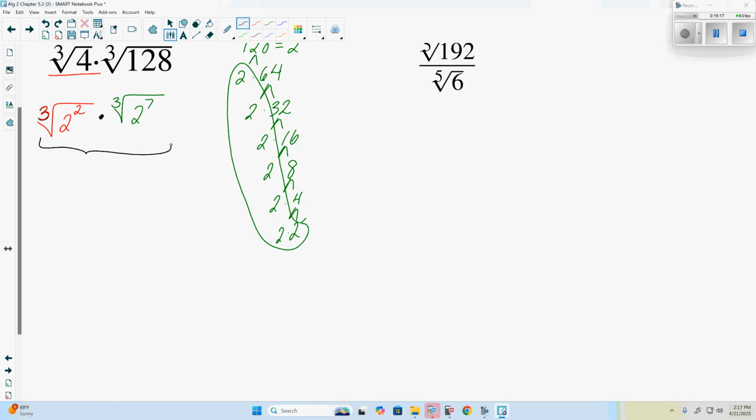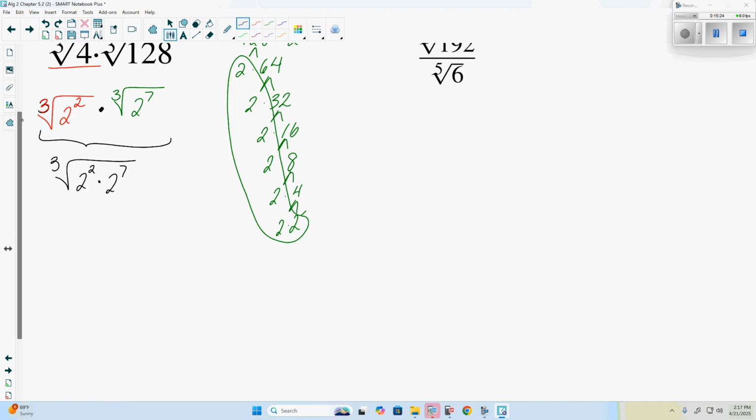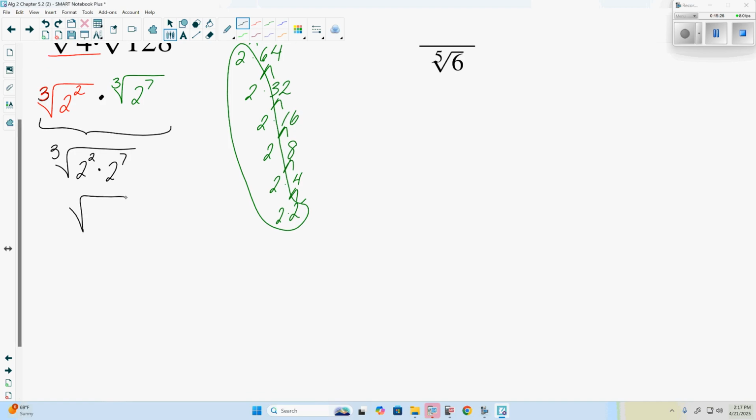Because when we multiply these, since they both are cubed roots, we have 2 to the second times 2 to the 7th. When we multiply like bases, we add the exponents, telling us that we're taking 2 to the 9th. Well, how many groups of 3 2's are in 2 to the 9th? 3. So that would be the same as 2 cubed, and we can go from there.